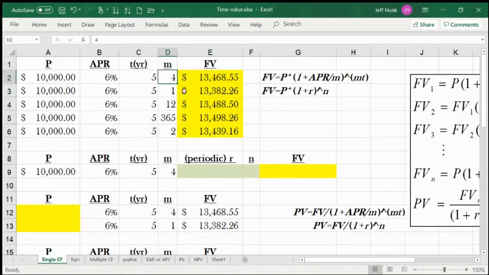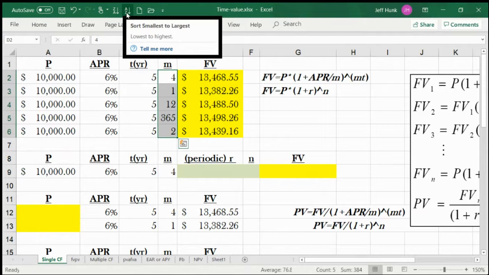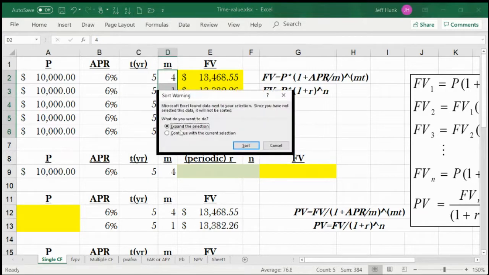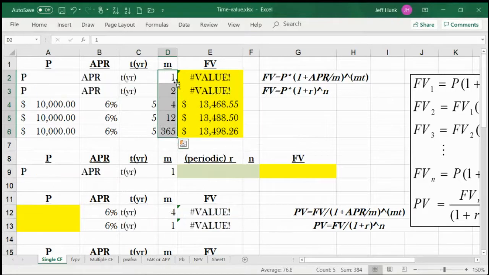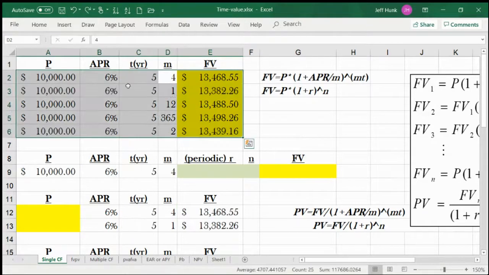And let me sort this. Because this is in... oh, no. Why is it doing this?